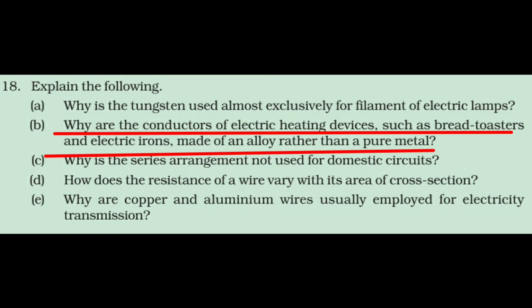B part. Why are the conductors of electric heating devices such as bread toasters and electric irons made of alloy rather than a pure metal? Alloys have high resistivity and high melting point as compared to pure metals of which they are made. Therefore, they are used as heating elements.